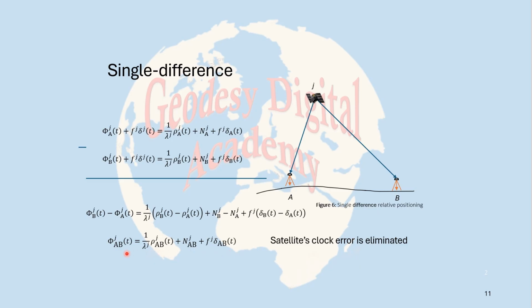So we can write this equation for each satellite and each two receivers.